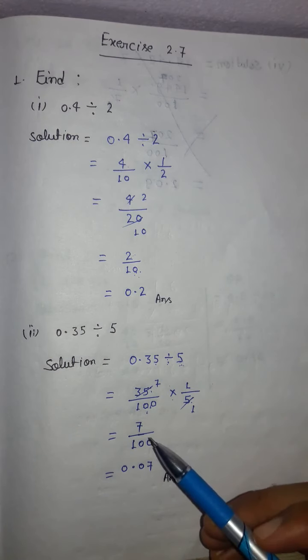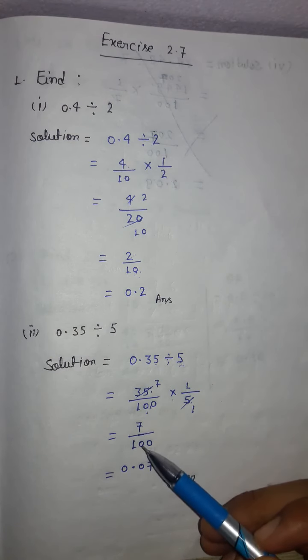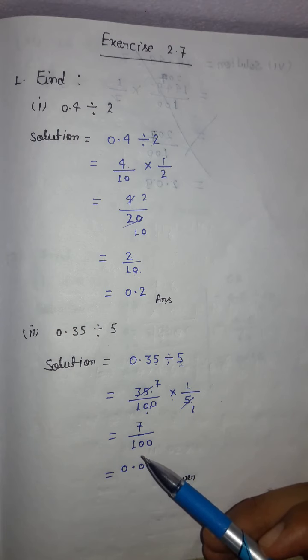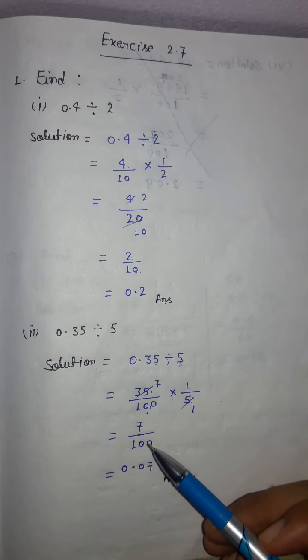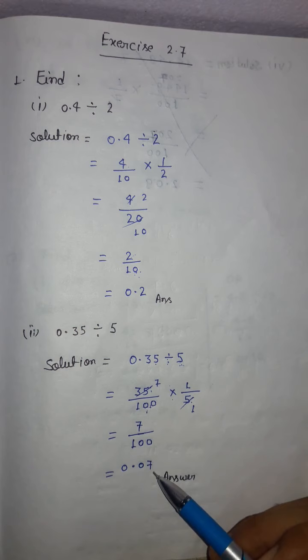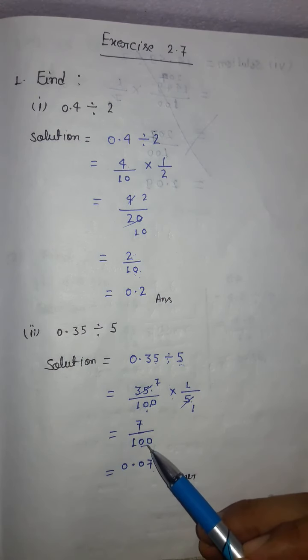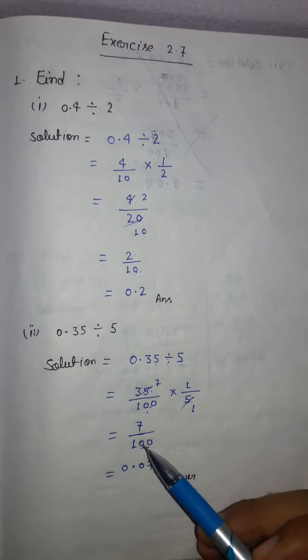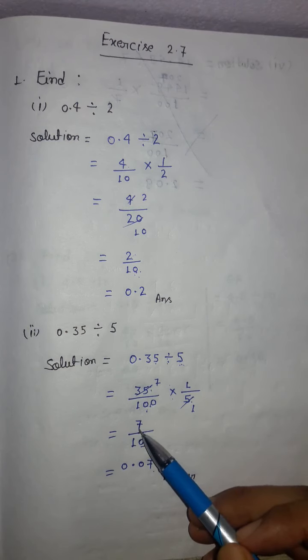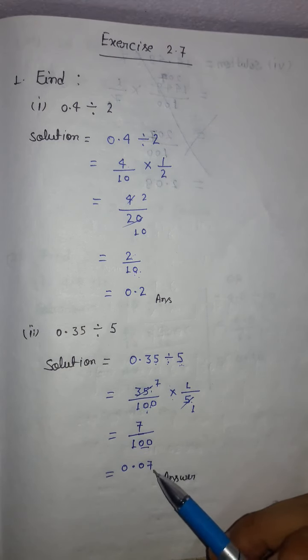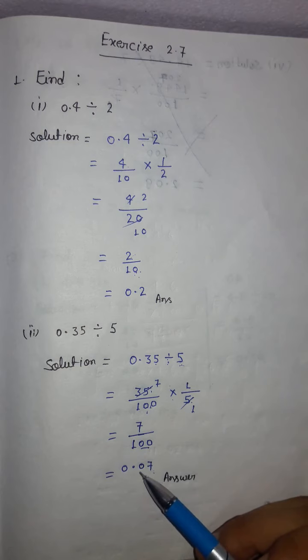Again you have two options. You can decide its value by its place, otherwise you can write it directly. It is 7 hundredths, so we keep this 7 at the hundredth place. Otherwise you can see that 2 zeros are given, so we have to keep two numbers after the decimal. You can see here only one number, so we write the 7, and at the place of the other number we write the 0.